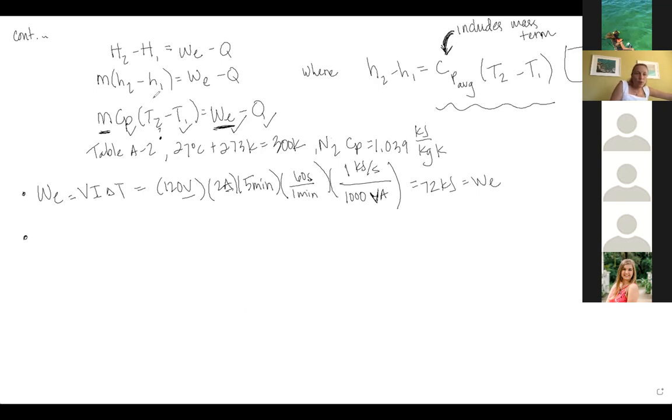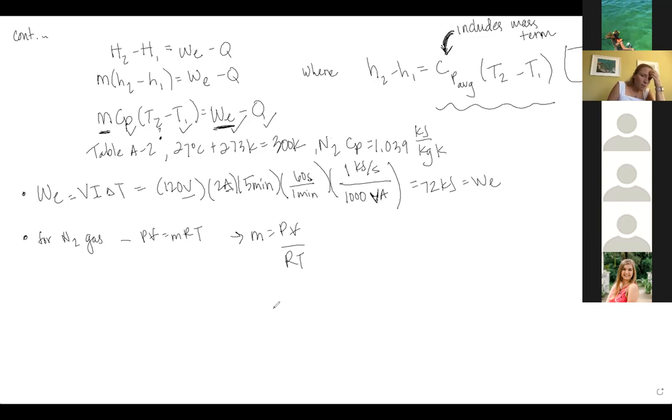All right, so when we're looking at a gas, for nitrogen gas, the first thing that comes to mind is the ideal gas law. So PV equals mRT, and therefore m equals PV over RT.